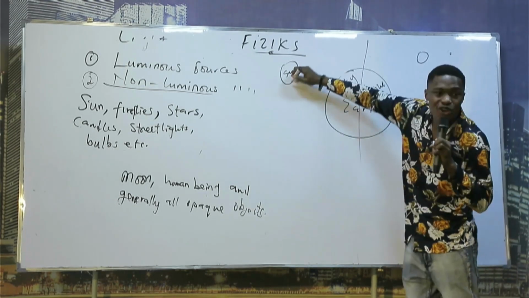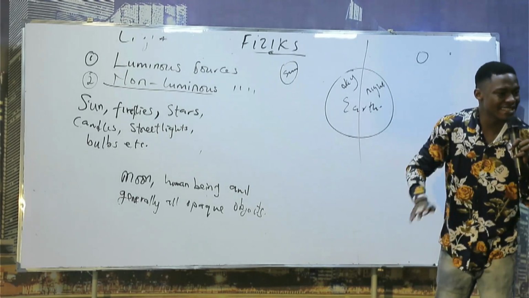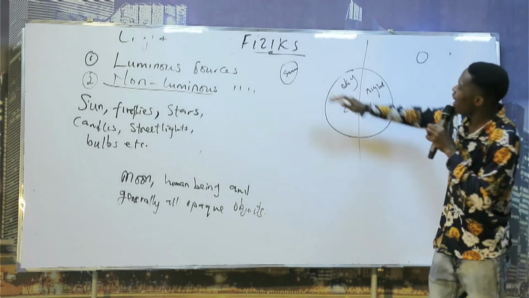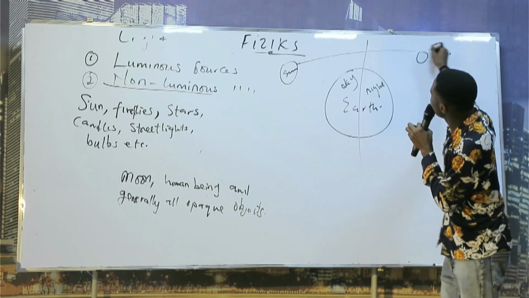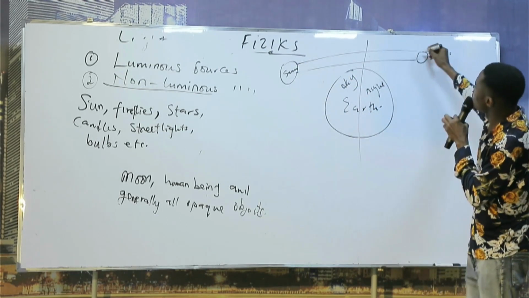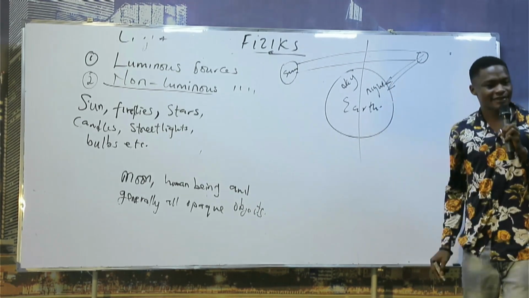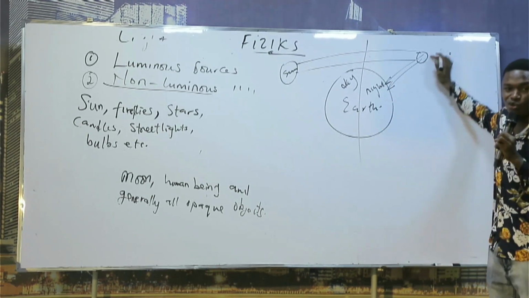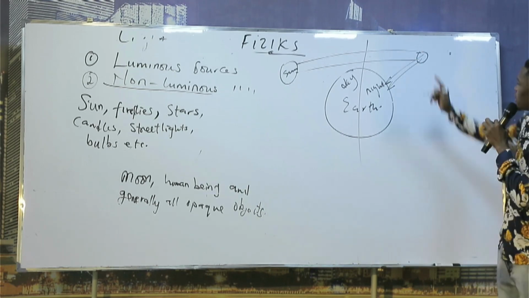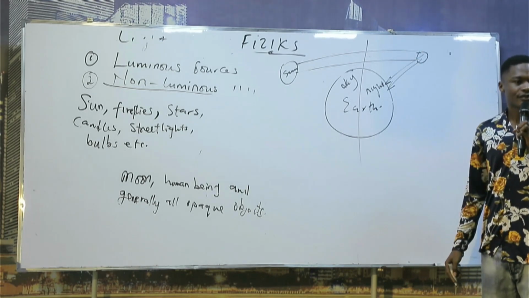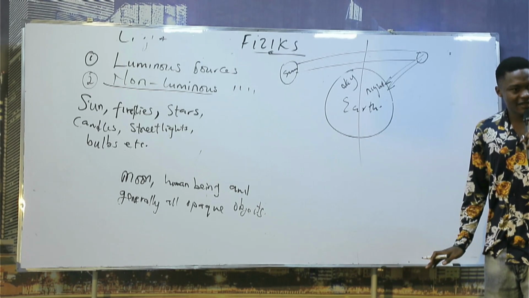But the sun is constantly shining, whether it is night or day. The light from the sun will reach the moon and get reflected on the night side. That is how we now see the moon shining. The moon has come out. That is why it happens. Do we understand that, class?